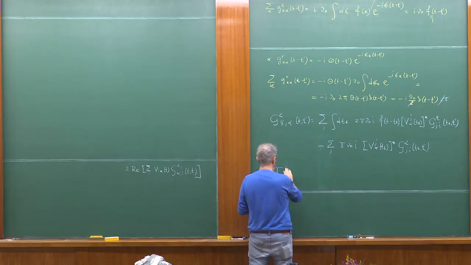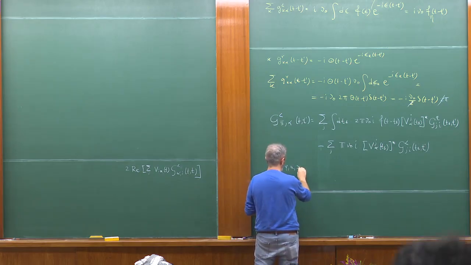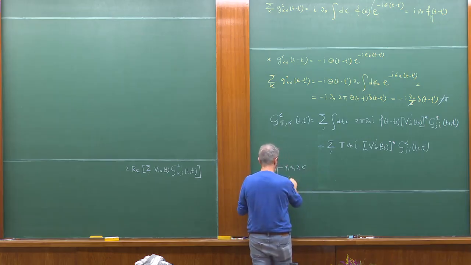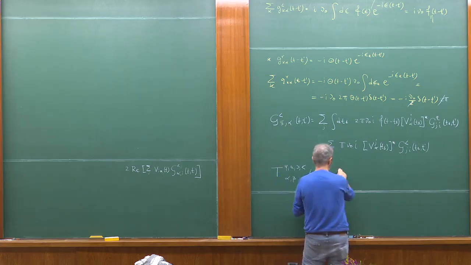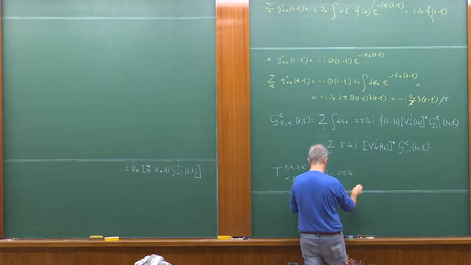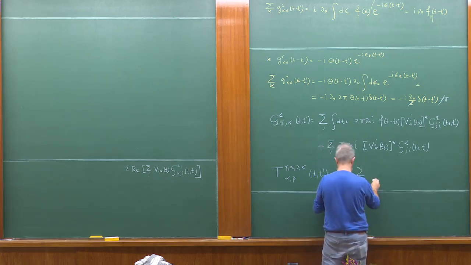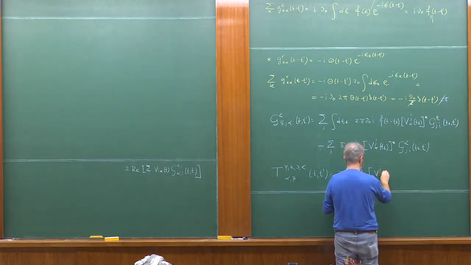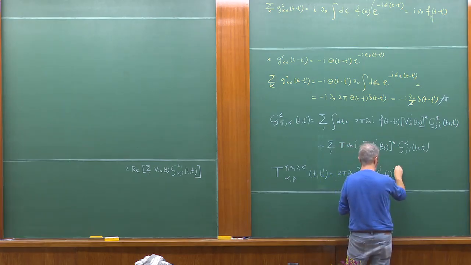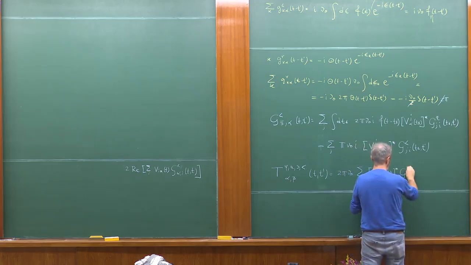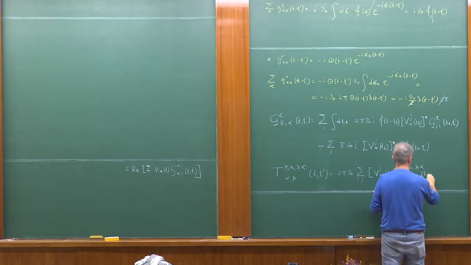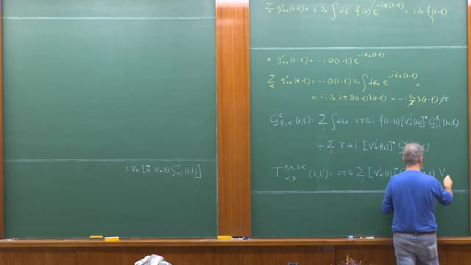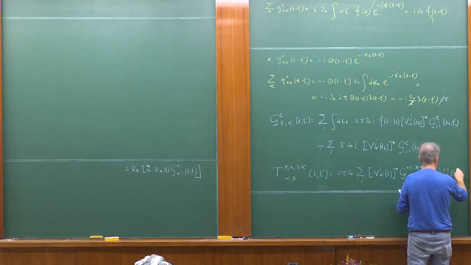So I introduce the retarded, advanced, greater, or lesser T matrix, alpha, beta, that depends on two times in general, as 2 pi density of states sum over I and j Vi alpha t star g retarded, advanced, lesser, or greater I j t t prime, and then V beta j t prime.